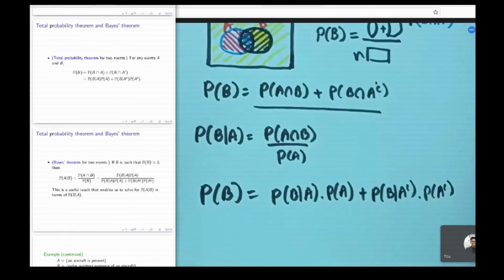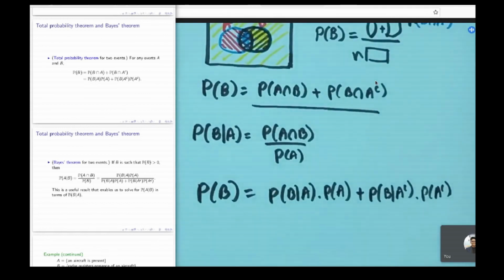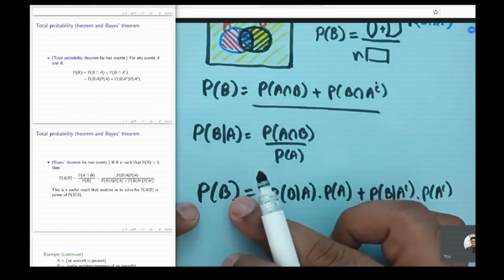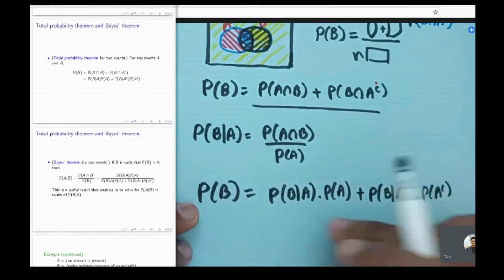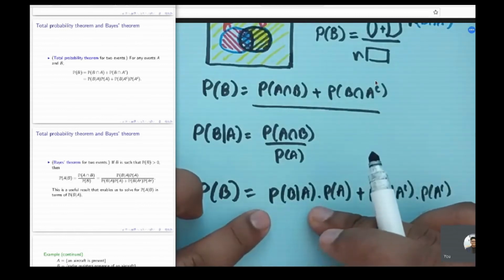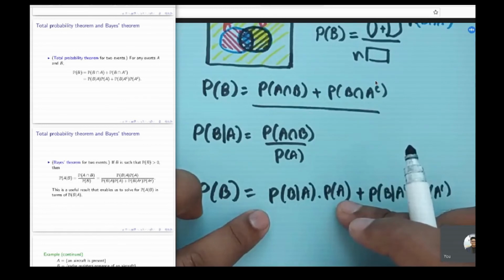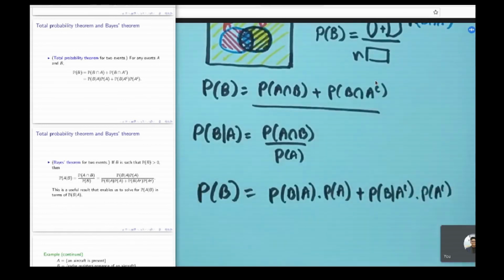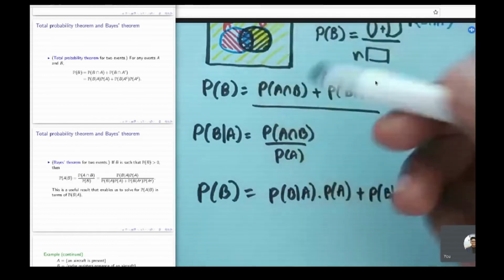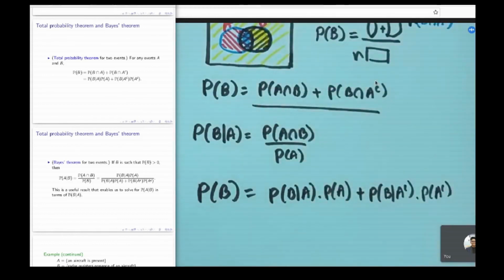Okay, so this is the total probability theorem, which means you can basically get the total probability of an event by considering the conditional probability of that with respect to the probability of other events that are within the space that intersect with the other.